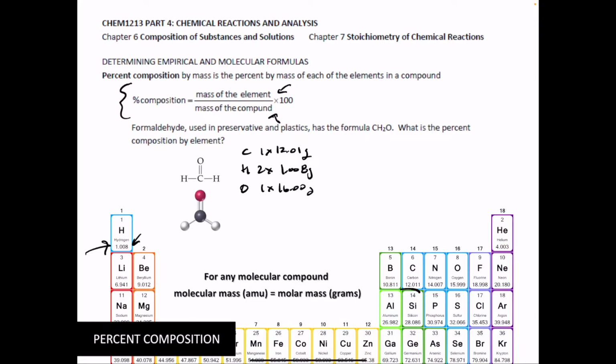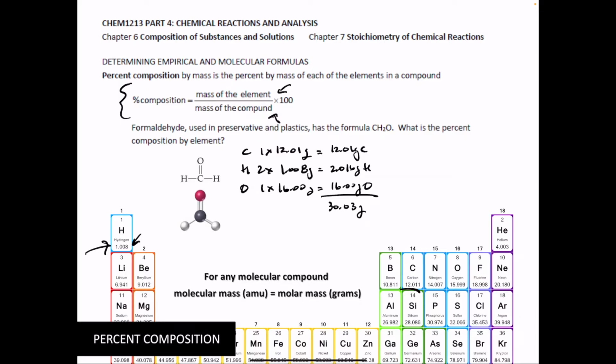So I get 12.01 grams of C, 2.016 grams of H, 16.00 grams of oxygen. If I add that up, I get 30.03 grams of formaldehyde.